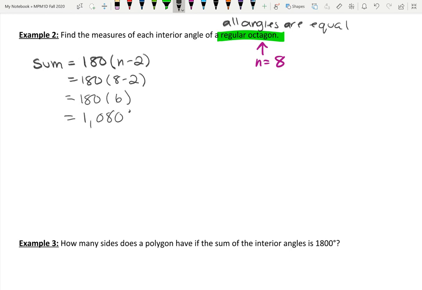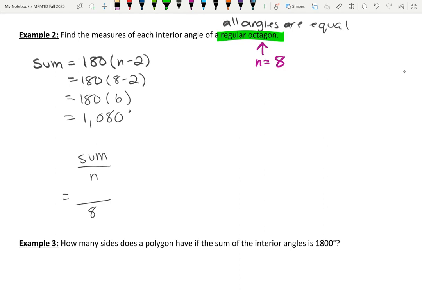Okay, but the question is asking us to find the measure of each interior angle. So this 1,080 is the sum of all of the angles inside the octagon added up together, right? So we need to find what each interior angle is equal to. But remember, this is a regular octagon, which means all the angles are equal to each other. So what we can do is take our sum and divide it by how many sides we have, which is 8.